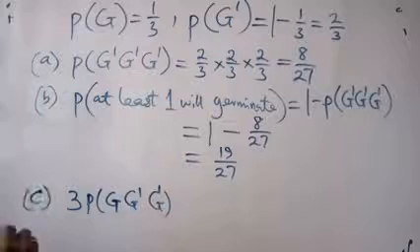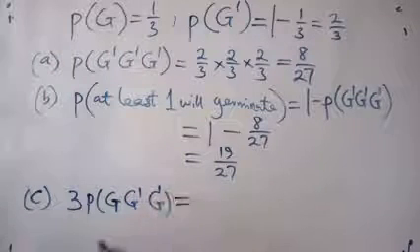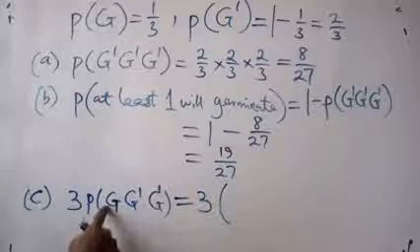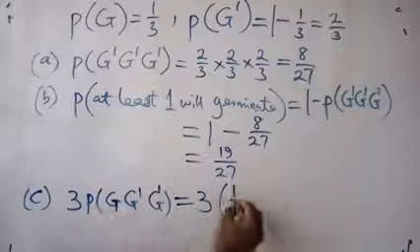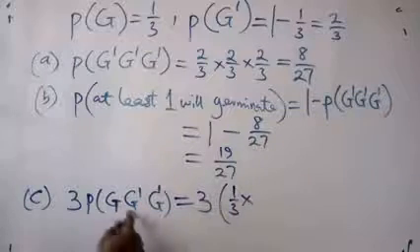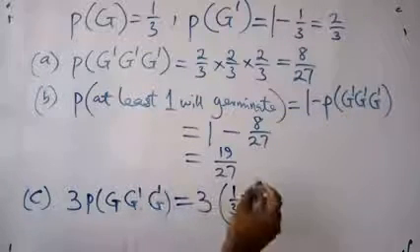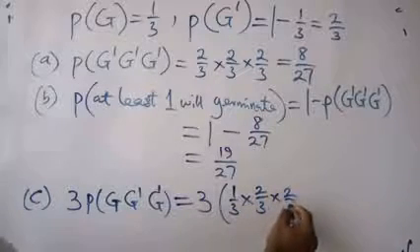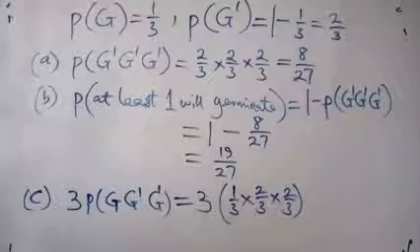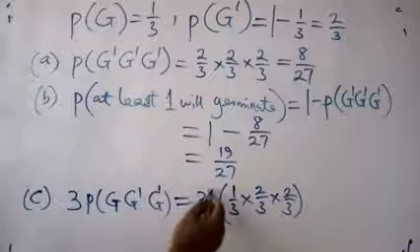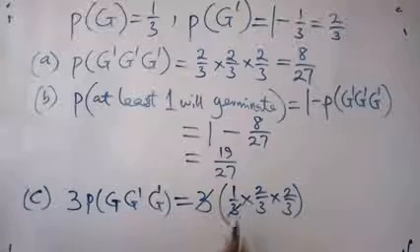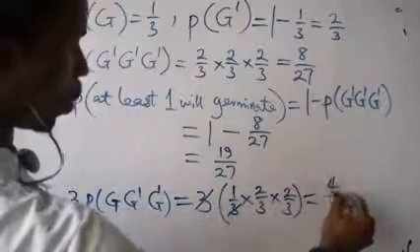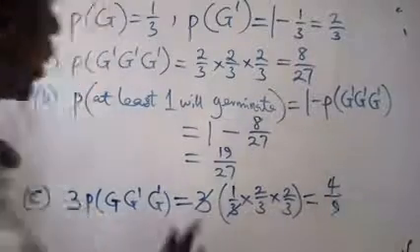So I have this. Then that will be equal to 3 bracket probability that it will germinate from what we are given is 1/3. Then we have times probability that it will not germinate is 2/3 times 2/3. And if I calculate that properly, this can cancel one of this. And my final answer here will now be 4/9. That's how to solve it.